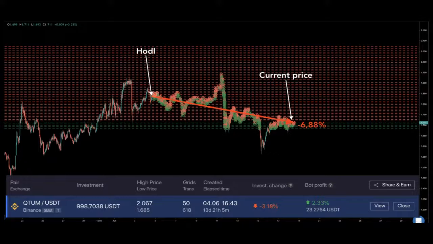And that's because the bot profit generated during this period offsets the negative value change of the quantum. Because the quantum value was depreciating, but the bot was making profits, this profit offsets the negative value change, and that's why the automated algorithm at Bitsgap automatically minimizes your losses in case the market falls.